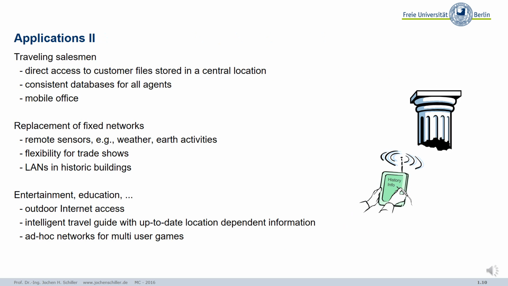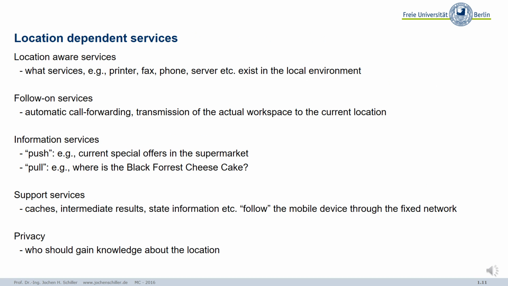Okay. Many more applications, entertainment, etc., etc. Many more services, not only applications, but complete new services. Location-aware services. That is something also the car manufacturers discover more and more.